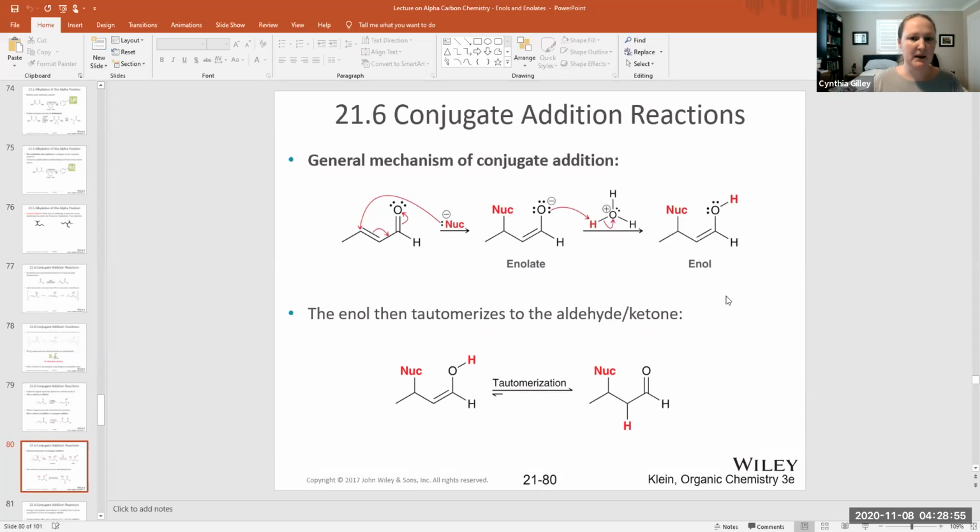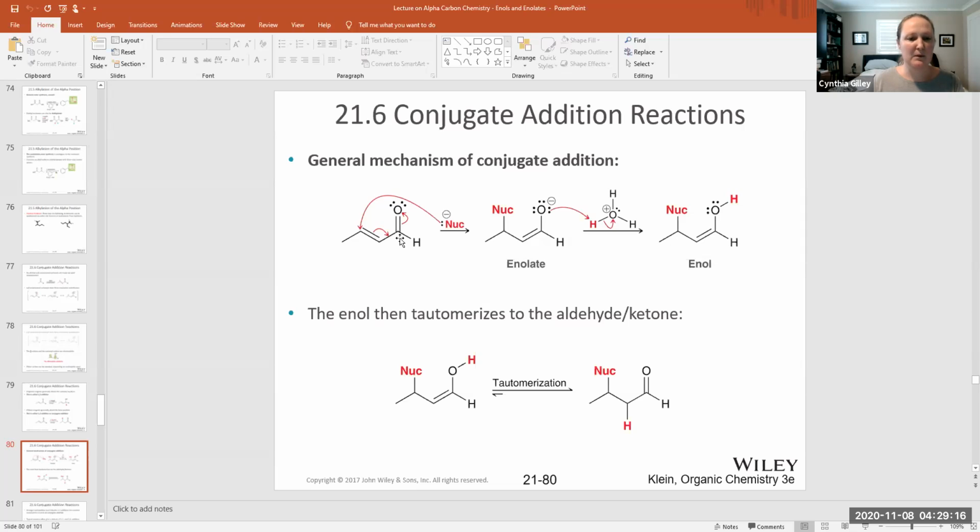Okay, so let's look at the mechanism of conjugate addition. So again, our nucleophile, which is typically going to be a weaker nucleophile, will attack at position 4. So you might be asking yourself, why doesn't it attack at position 2? Right? And the answer is it does attack at position 2.